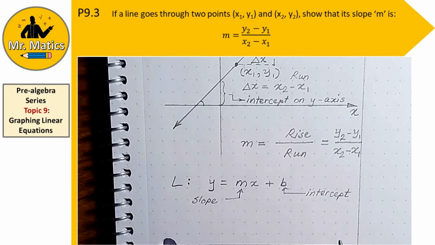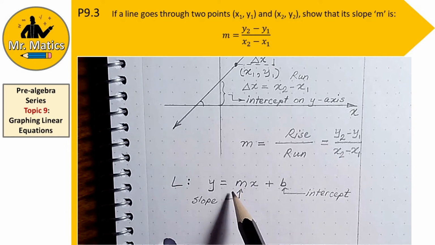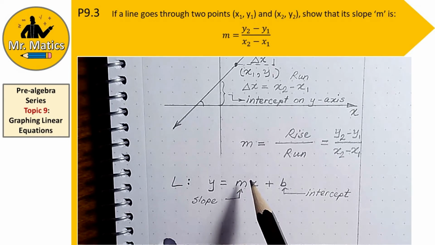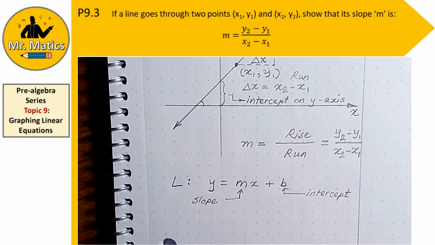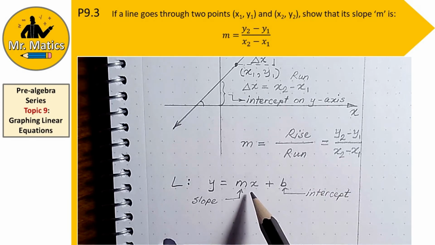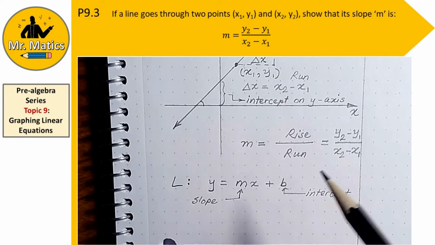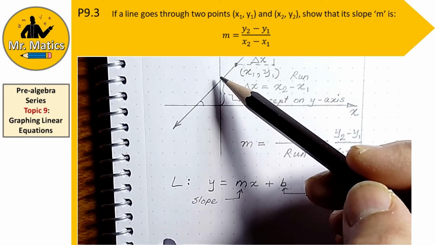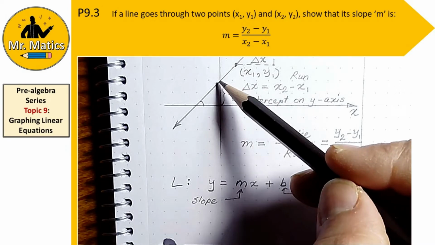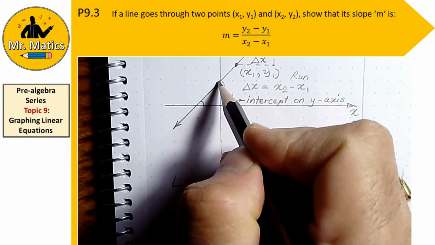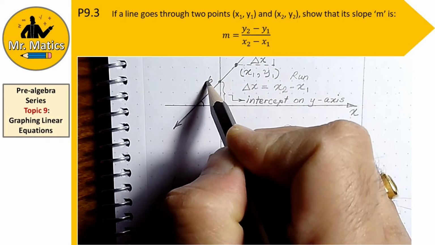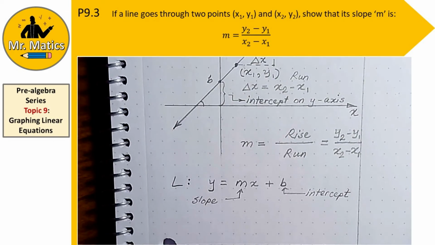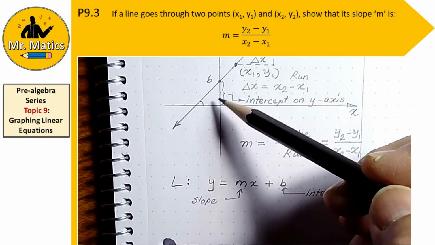So when you see the equation written in the form y equals mx plus b, then you know that m is the slope and b is the intercept. Now you will think, why should that be? So you can put x equals 0, then y equals b, which means that if x is 0, which is on this line, y has to be b. Okay, so that's the value of y. So that's why it is called intercept.